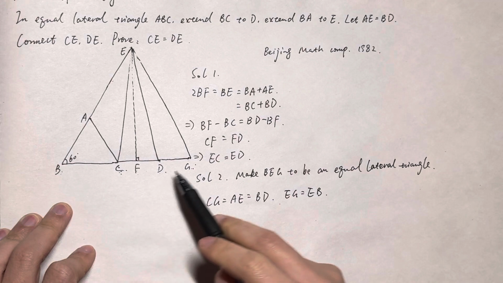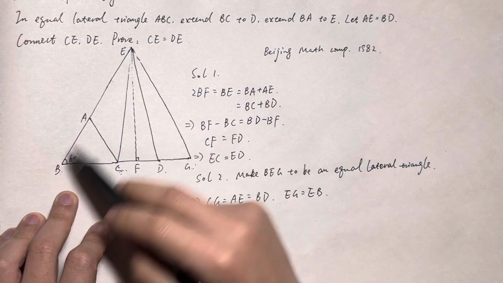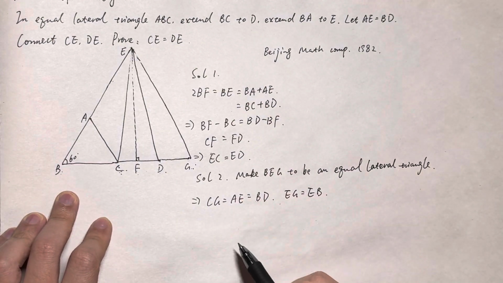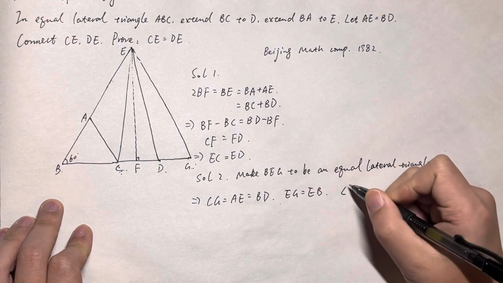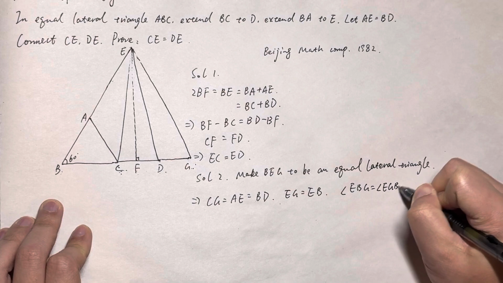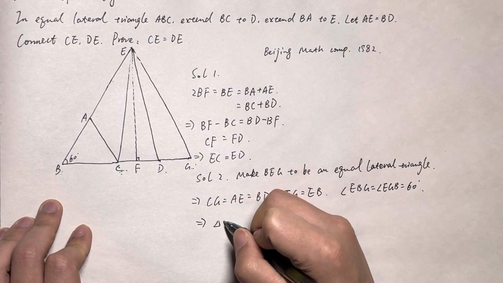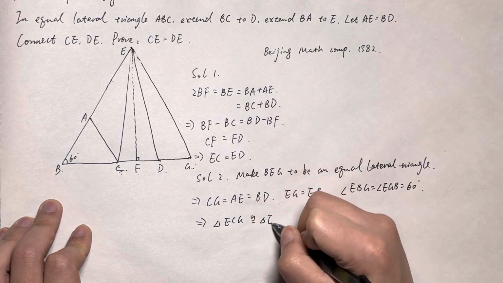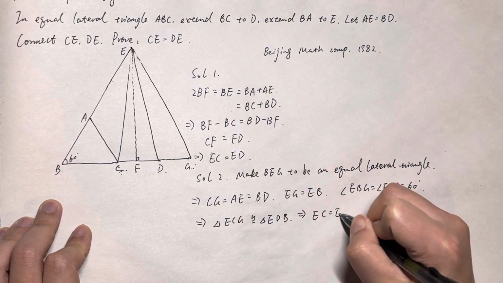Because triangle EBG is an equilateral triangle. So EG equals EB, and this one equals this one. And also angle EBG equals angle EGB equals 60 degrees. So we know that triangle ECG is congruent to triangle EDB, which means EC equals ED.